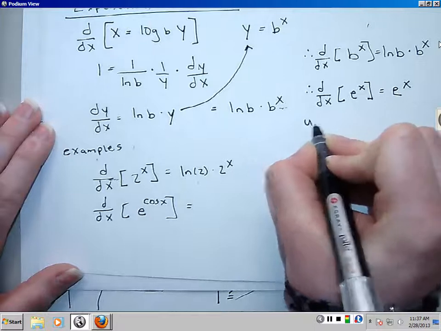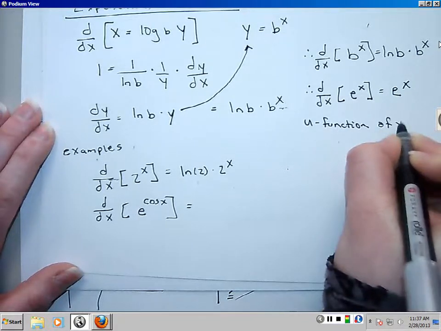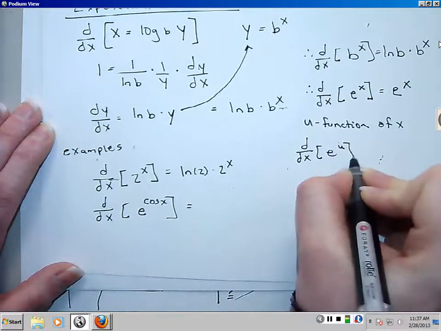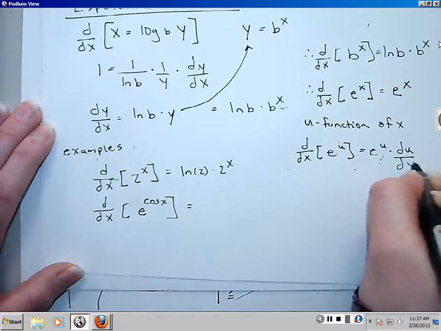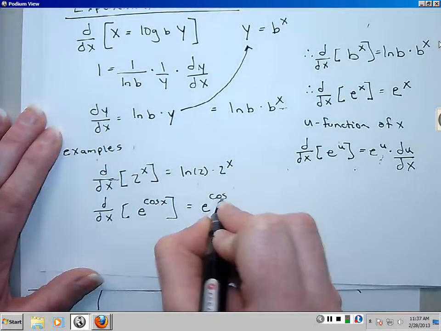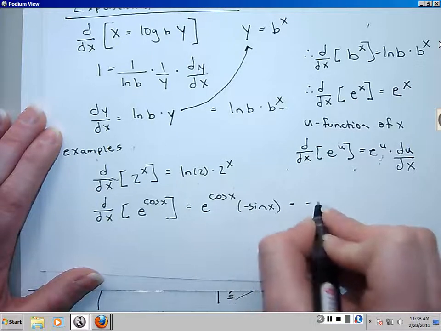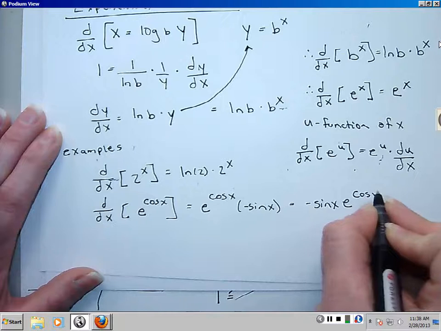So if u is a function of x, then the derivative with respect to x of e to the u is e to the u times du dx. Right? So in this case, I would have e to the cosine times minus sine of x. Right? Minus sine of x, e to the cosine of x.